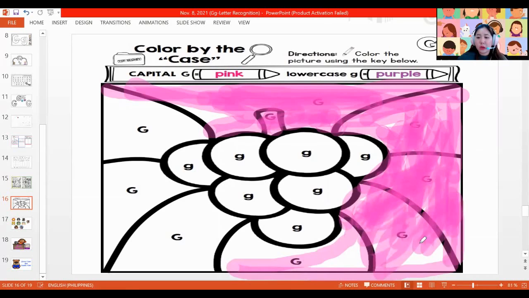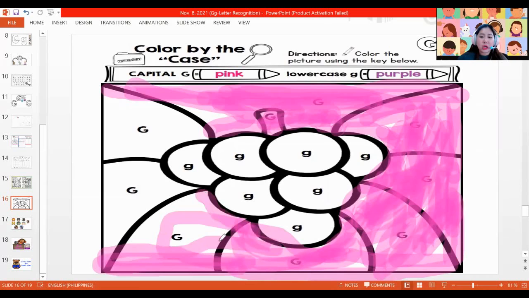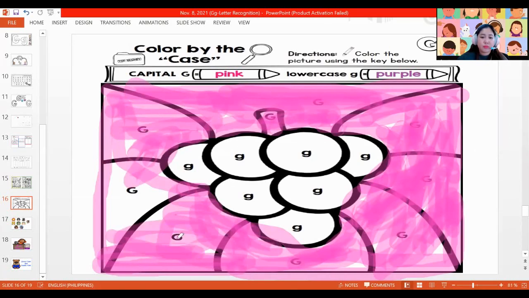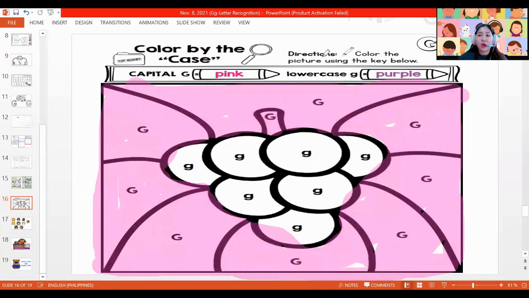So we will color all the capital letters. Capital letter G, color pink. Okay, all done with color pink. Let's have color purple for our lowercase letter G, and let's see what the hidden picture is.